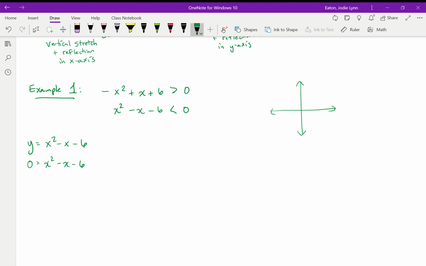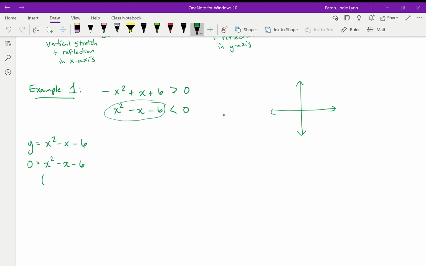This will help tell us where it is negative, because the y values tell you what's happening with the numbers. Where y is negative, or where the graph is below the x-axis, is where the numbers come out negative. So y equals f of x. Let's see where it actually hits the x-axis.